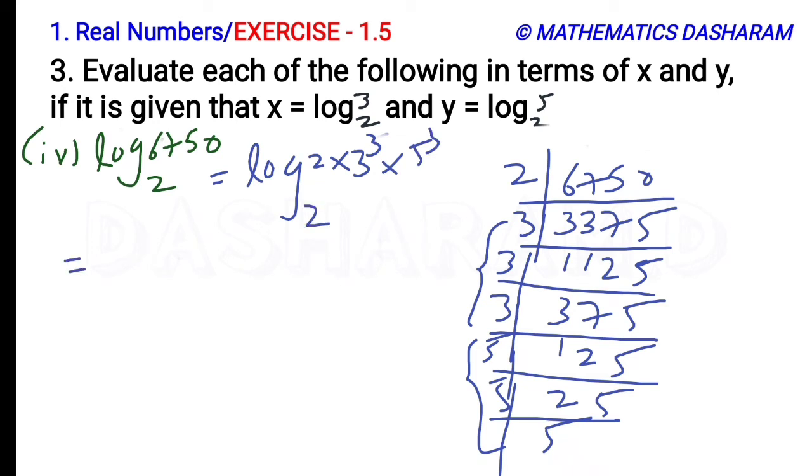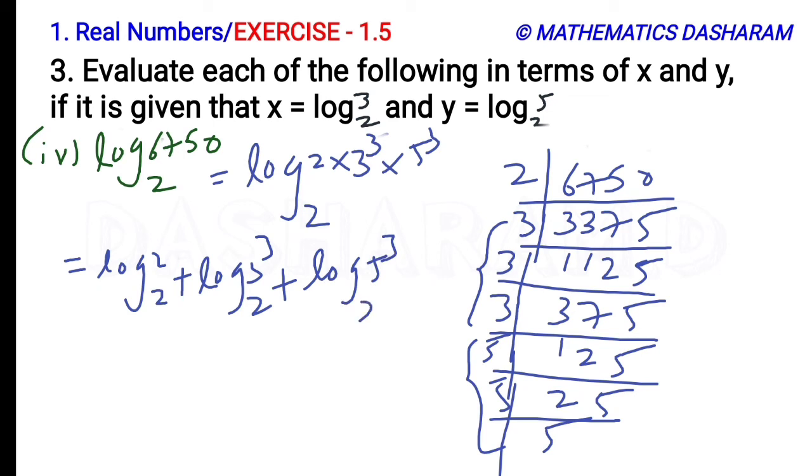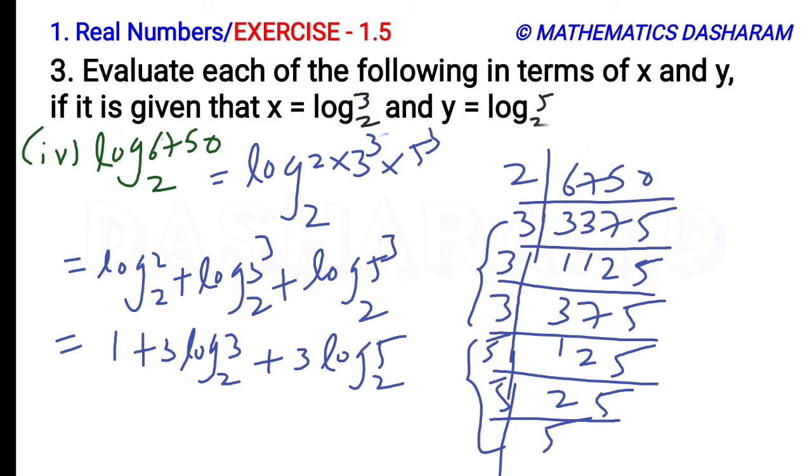Here the suitable formula is log(a into b), so log a plus log b. So log 2 base 2 plus log 3 cube base 2 plus log 5 cube base 2. Log 2 base 2 is 1, and log 3 cube base 2 means, by the log a to the power of m formula, 3 into log 3 base 2.